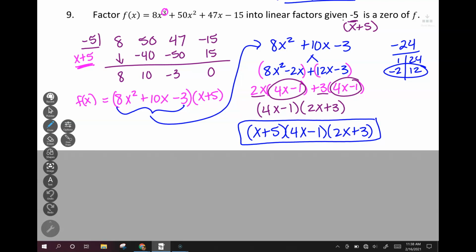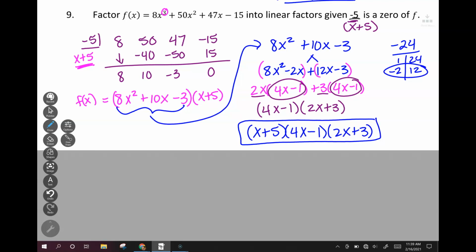But by knowing one of the zeros, which was -5, and then dividing that out using synthetic division, we were left with a polynomial that we could then factor. Hence being able to factor the polynomial completely right here.